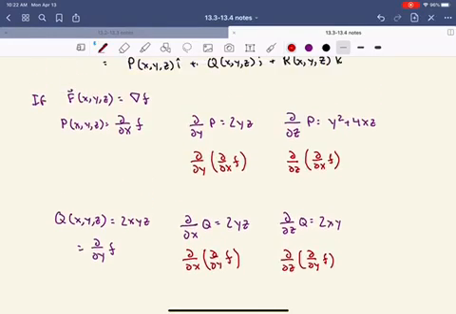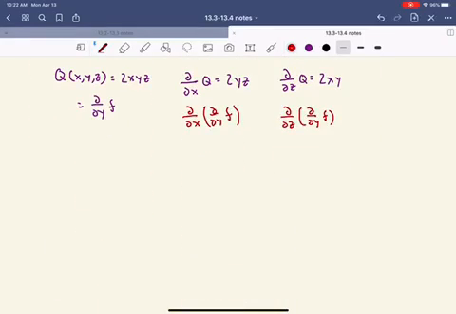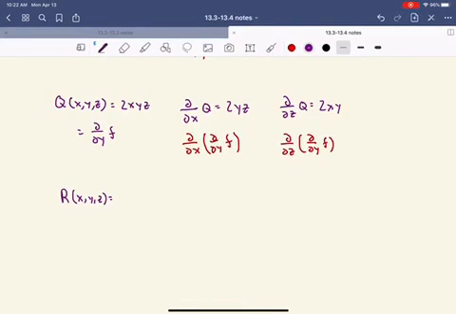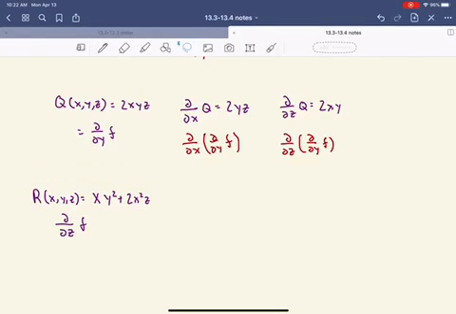Okay, let's take a look at the R of x, y, z. R of x, y, z, remember, is xy squared plus 2x squared z, and that is the partial with respect to z of our original scalar function f.